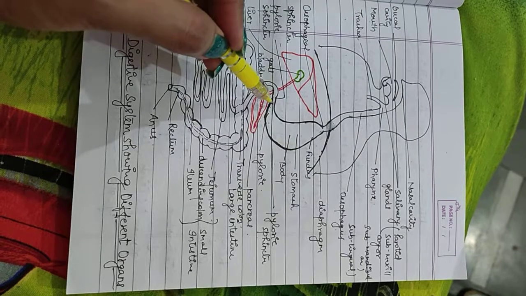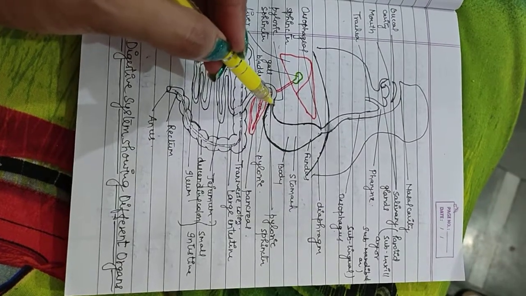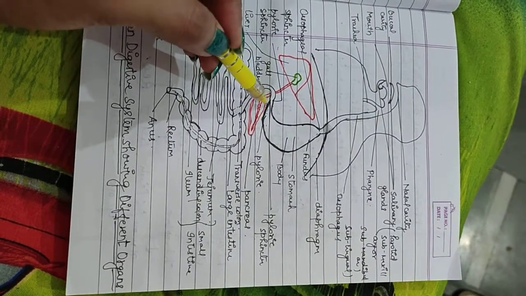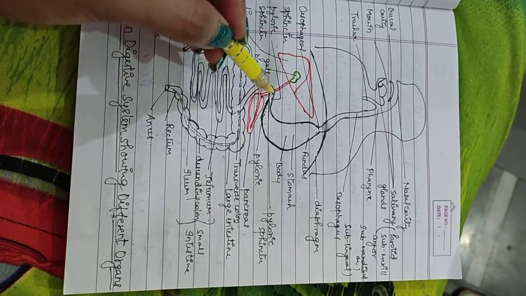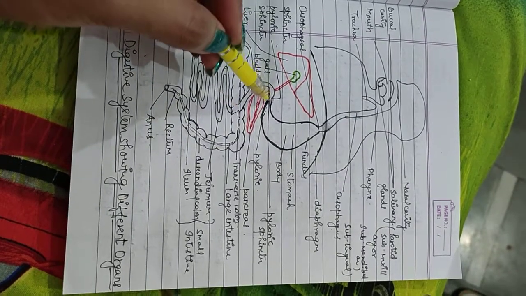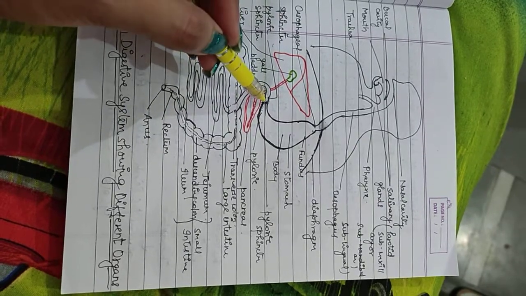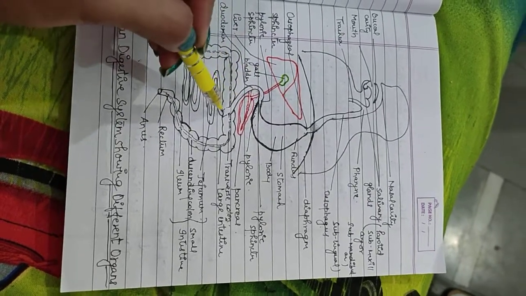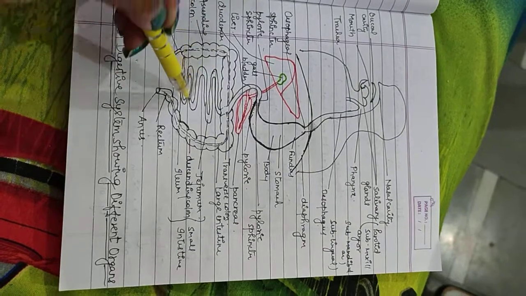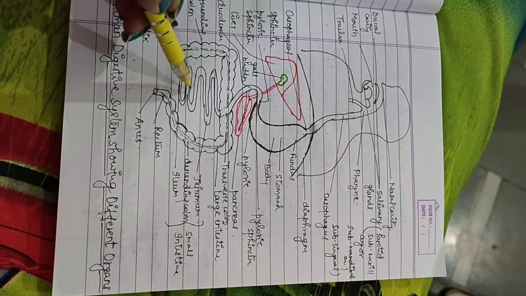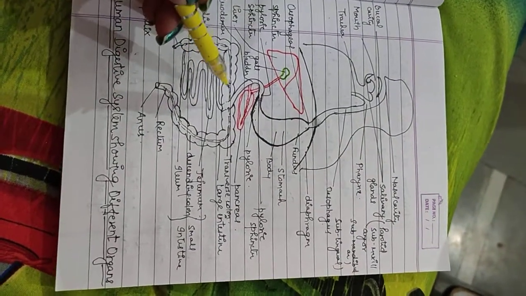See here, this stomach, when it is about to end, has a sharp end, and this is the start of the small intestine. See here, this is the start of the small intestine.